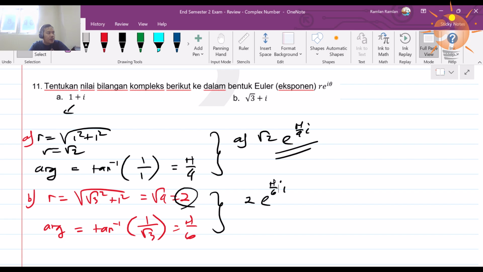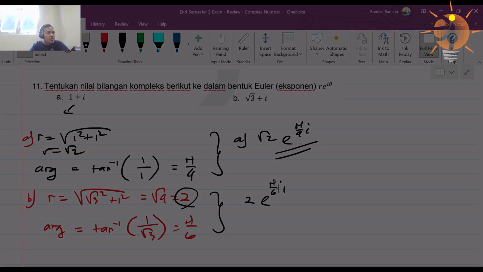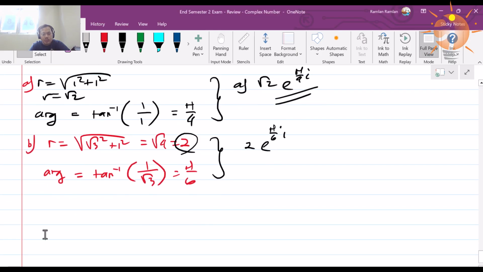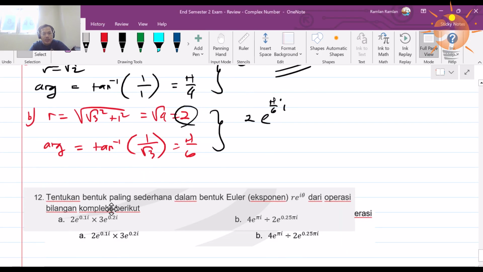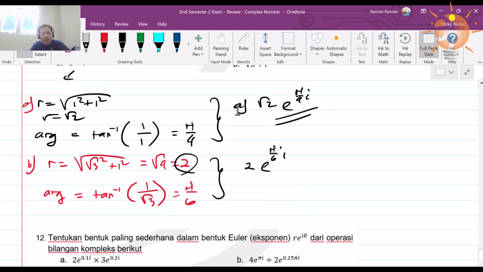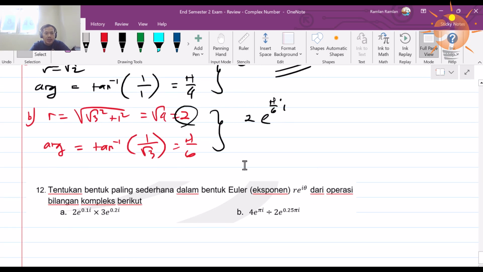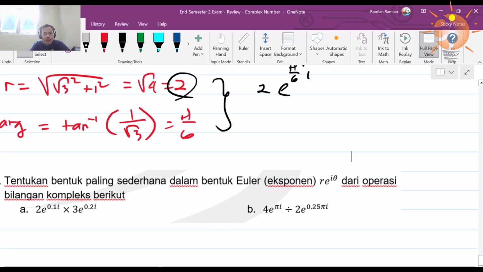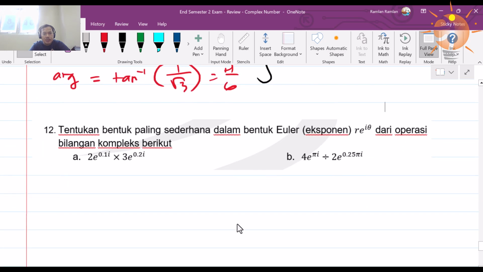The same thing with the others actually. For example, question number 12. What you need to do is just multiply. Basically what we're doing here is the same thing, but you need to do this first. When you understand exponents, this is pretty easy. If you multiply these, you get 2 times 3, which is equal to 6.